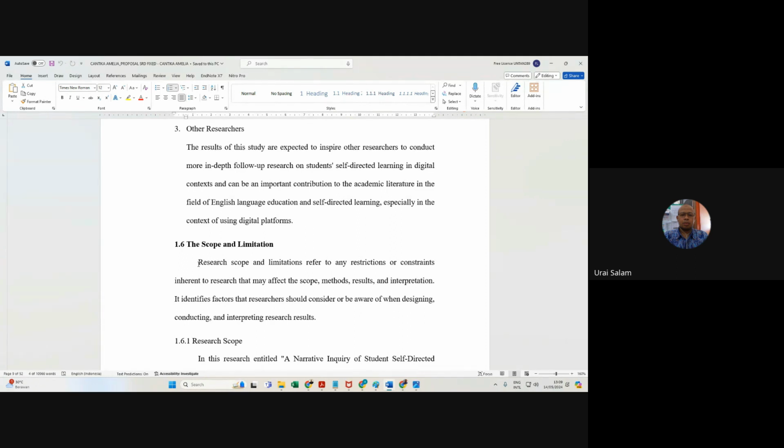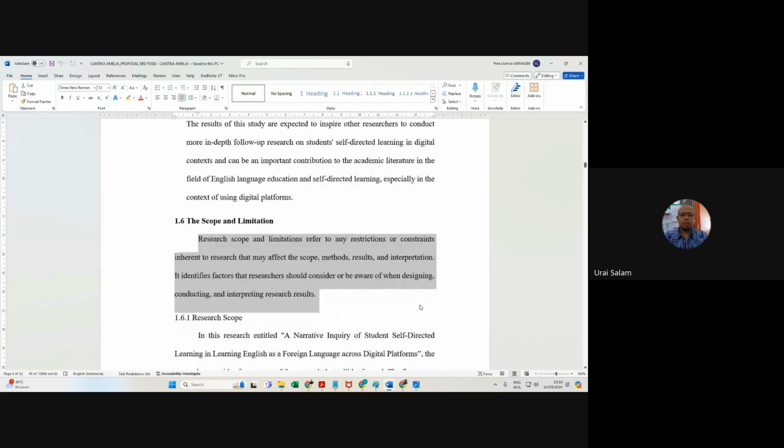Because this is self-directed, meaning the activities are initiated by the student independently, without any person asking them to do it. Now that's the scope. If, for example, the activities are related to subjects, that's beyond our investigation because of the definition of self-directed learning.